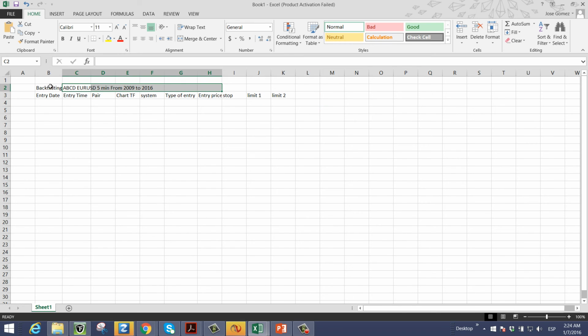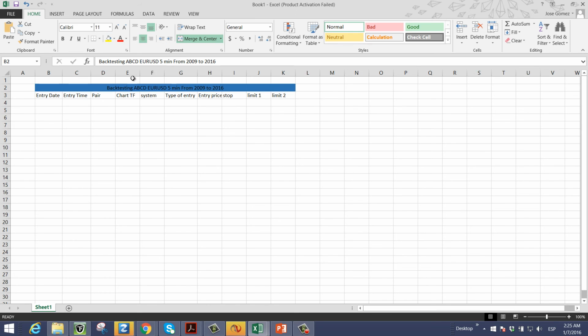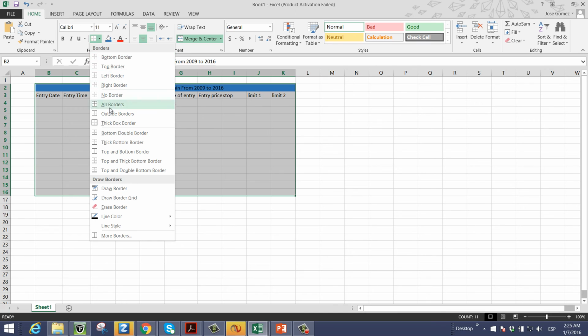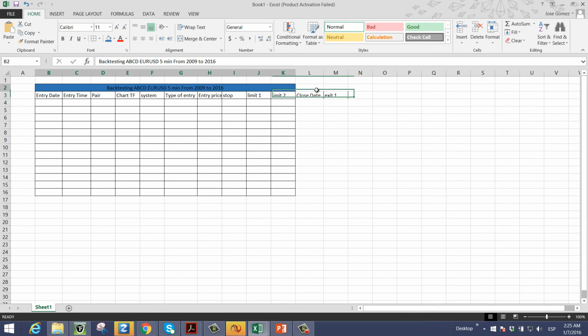Let's put this a little neater. Boom. Let's put some color. No, this is pretty ugly. Boom, right there. There's some grid right here. That's it. Do you need more data? Of course, you can put the close date, your exit point number 1, etc. This is something real easy.